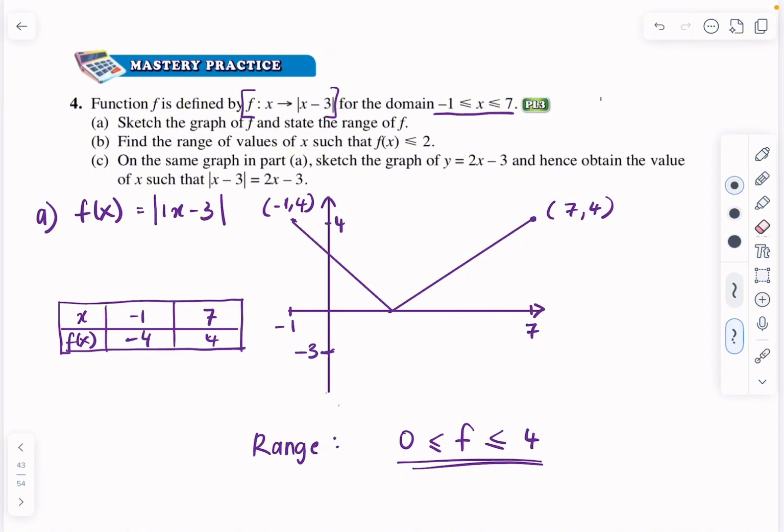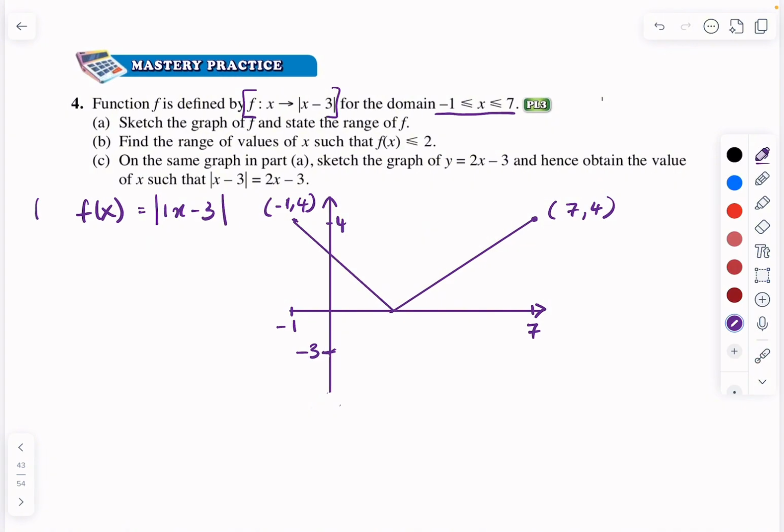Next, B. Find the range of values of x such that f(x) is less than 2. So when f(x) is less than 2, that line is somewhere here. So this will be 2.